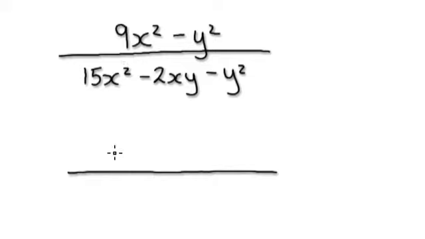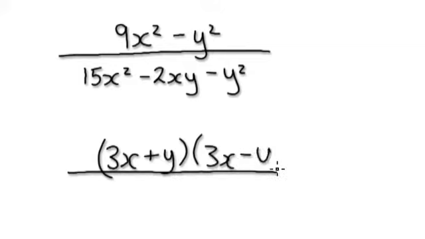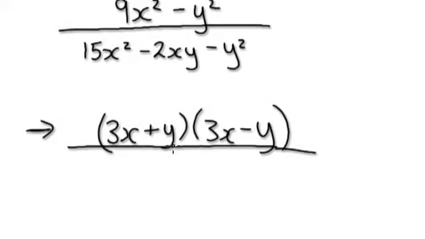Square root the first part, it will be 3x, and then 3x plus y, and immediately 3x minus y. So whenever you can spot that, you can square root this bit, this bit, and this bit, and there's a minus in between, you can immediately jump to this. Now the second part.